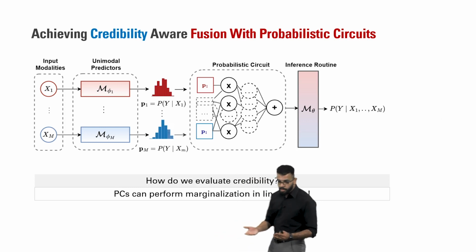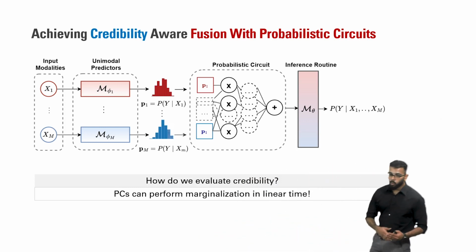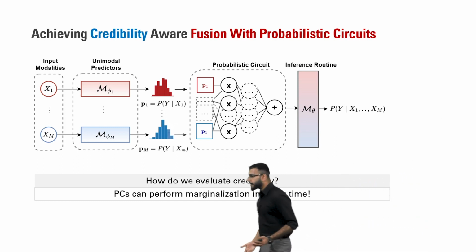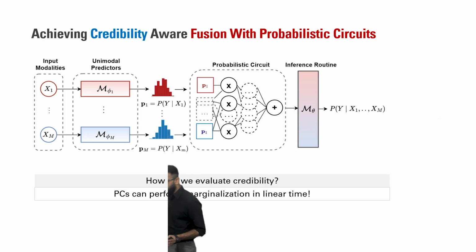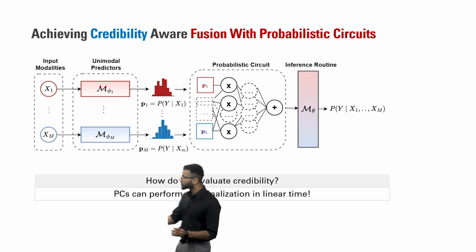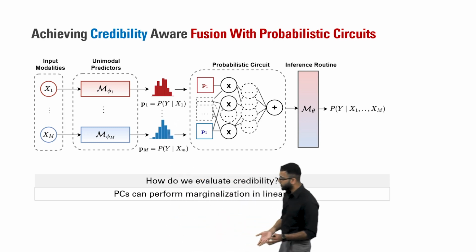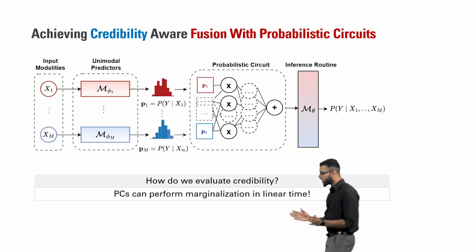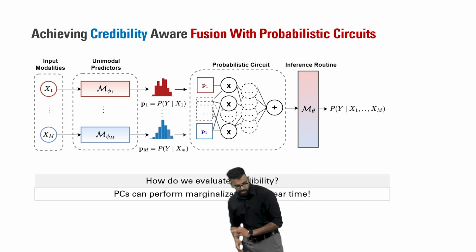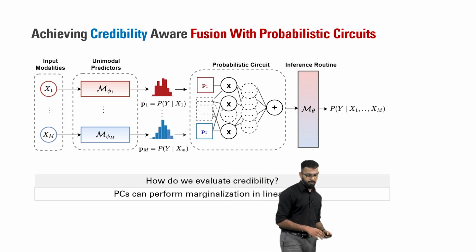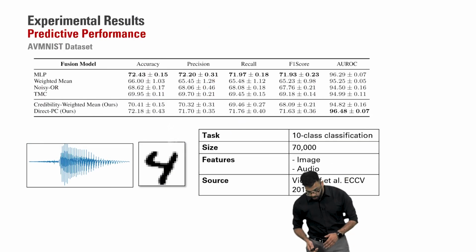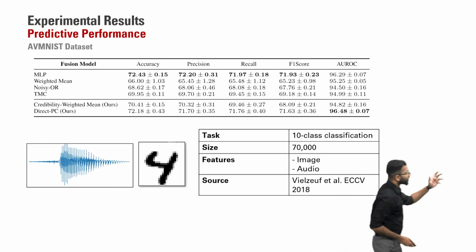That itself is a problem. Identifying where tractable inference can help in your applications, and then using an expressive model that is tractable for the particular class of queries you need, is how you adapt probabilistic circuits for your applications. But again, this is just one more example of how you use probabilistic circuits in the context of multimodal fusion.